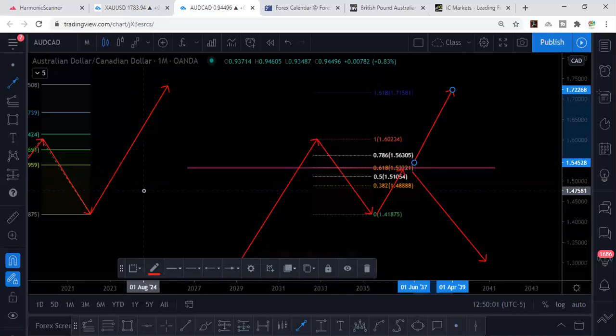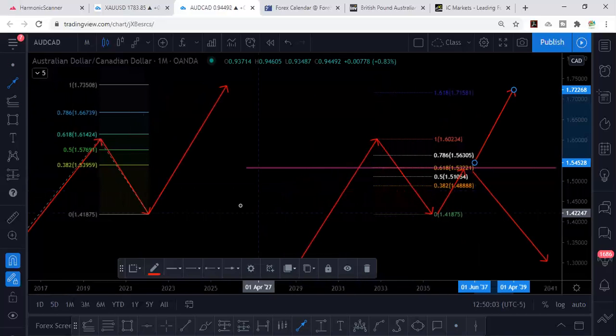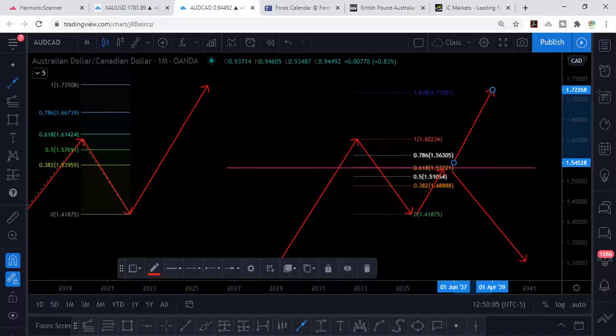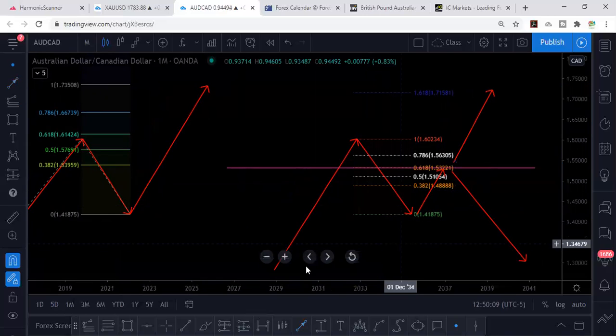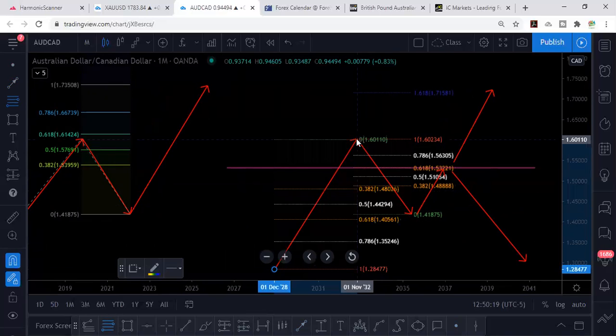Because look at it, it has pulled back because what happened is this. Price went from down here, up here, right? Did a 0.618 retracement, right?